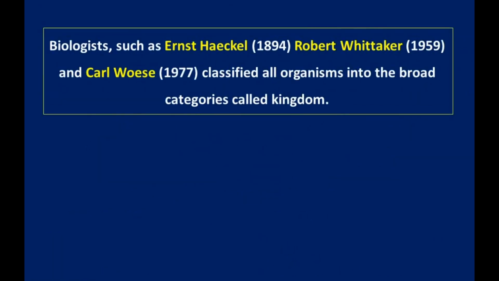Biologists such as Ernest Haeckel in 1894, Robert Whittaker in 1959 and Carl Woese in 1977 classified all organisms into the broad categories called a kingdom. So all these different categories are known as a kingdom.